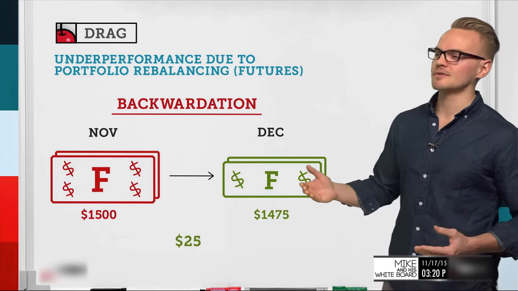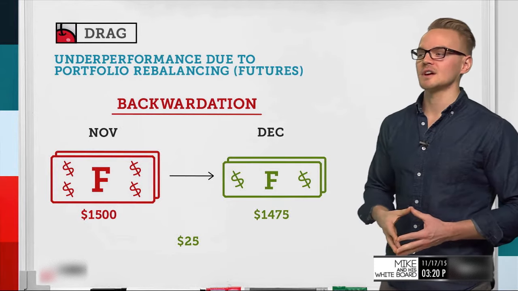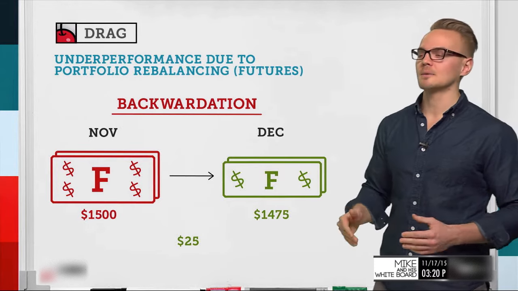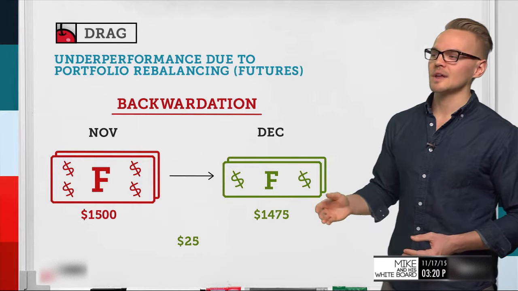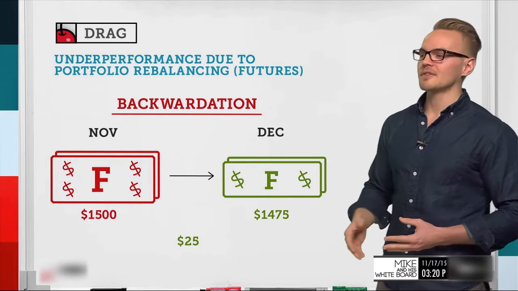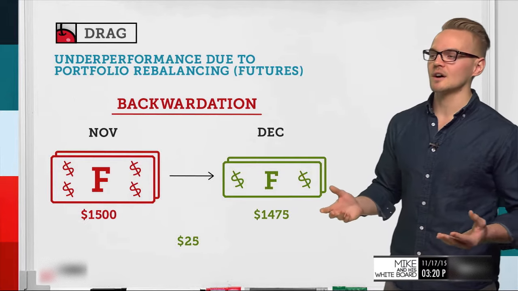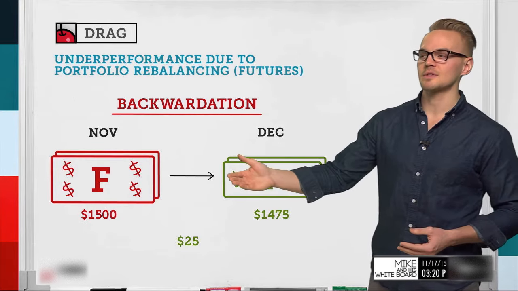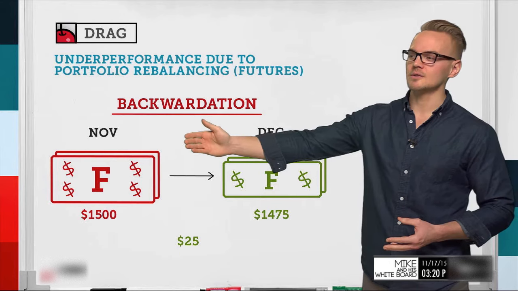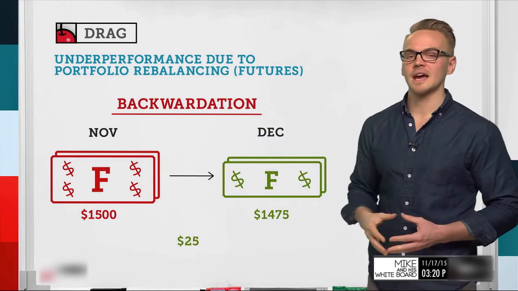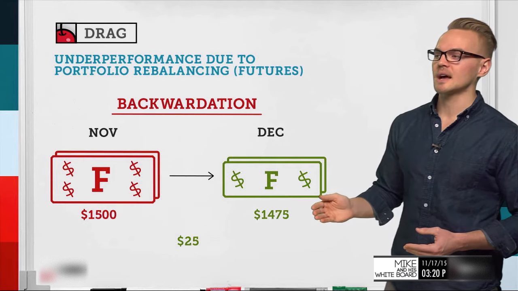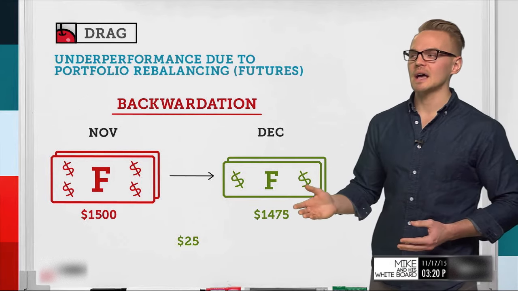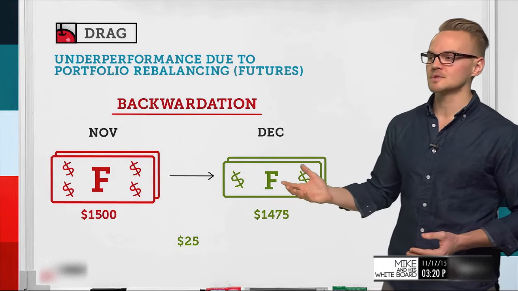So let's say November was trading for 1,500, and let's say again I've got 100 contracts in my portfolio for November, and I need to roll that into December. So if I've got 100 contracts, I've essentially got $150,000 worth of contracts. If I sell those in November, convert that to cash, $150,000, and I need to now buy 100 contracts in December, I actually will have a surplus of $2,500.